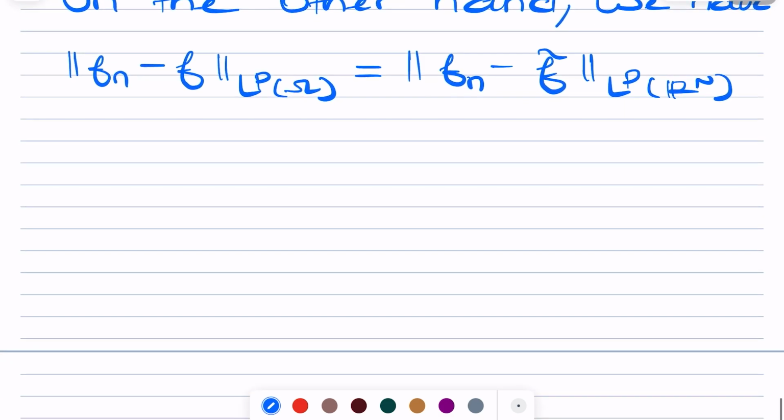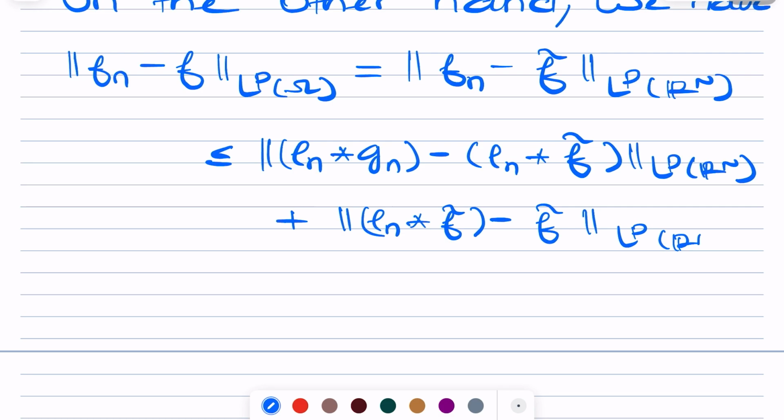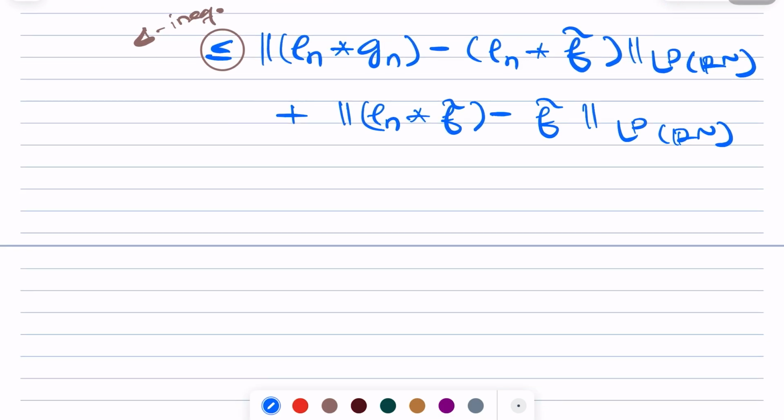So by triangle inequality, this is less or equal than the norm of, I'm just going to rewrite Fn by the convolution product, by definition, rho n convoluted with Gn minus F tilde in Lp of Rn, plus the norm of rho n convoluted with F tilde minus F tilde in Lp of Rn. Like I said, this is just triangle inequalities.